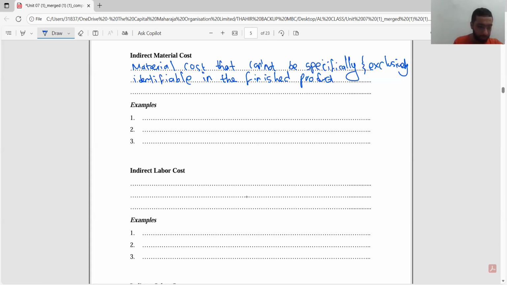Right? Within brackets, not included in the finished product. Right? Very simple.